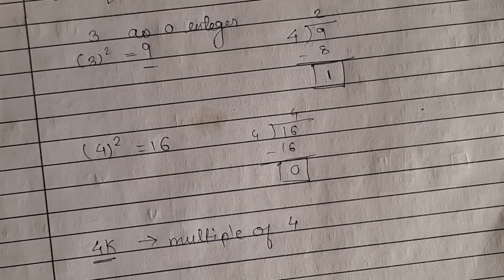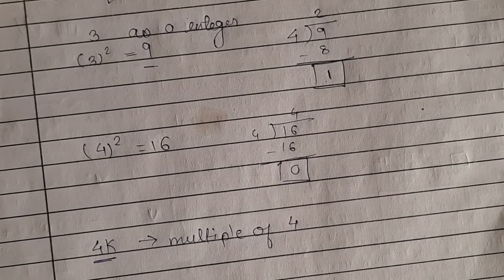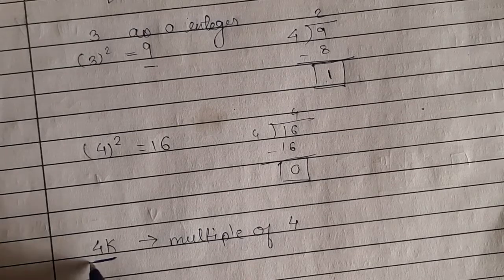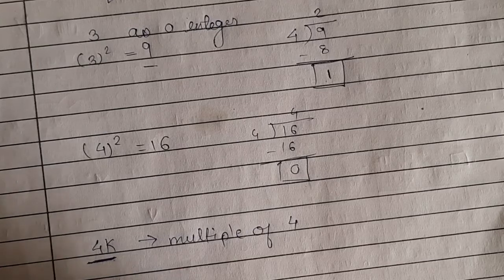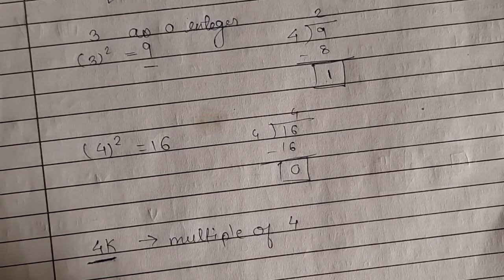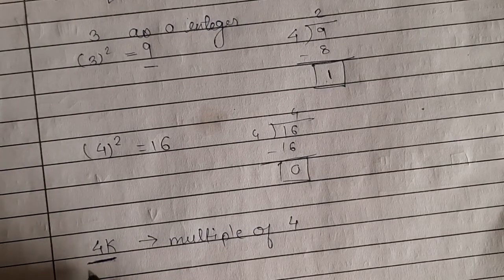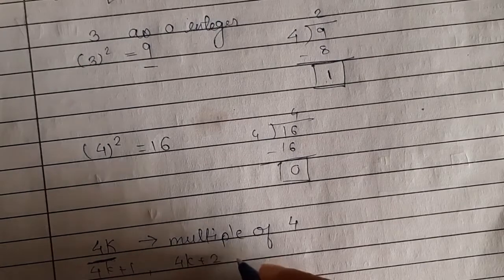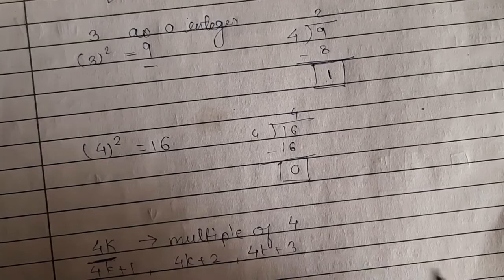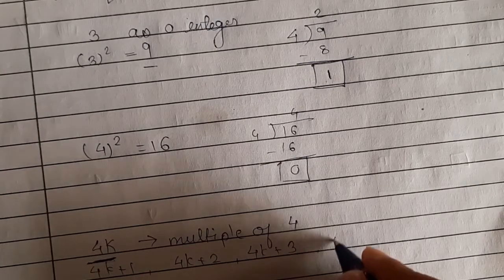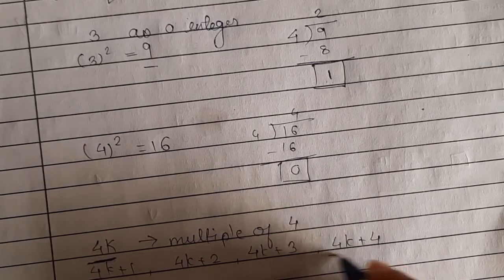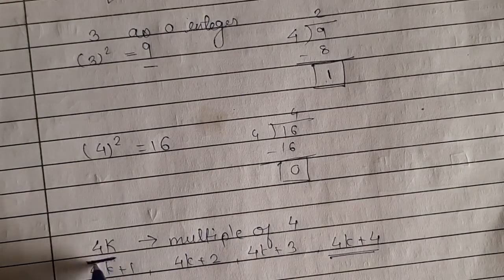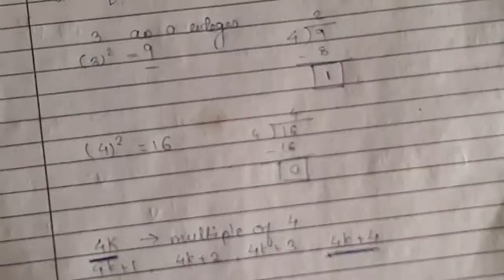Similarly here we take multiples of 4. From 4k we get the numbers which are multiples of 4. What about other numbers? For that we write 4k plus 1, 4k plus 2 and 4k plus 3. We didn't write 4k plus 4 because this is again a multiple of 4, covered by 4k.